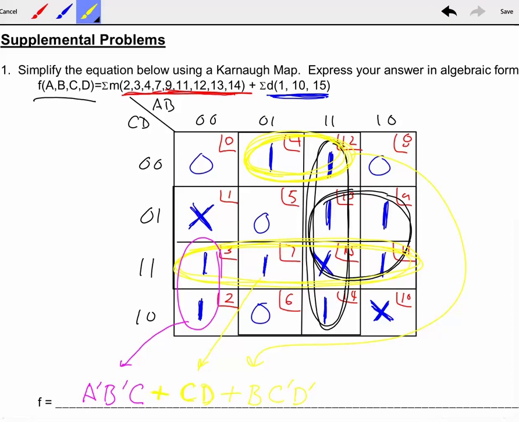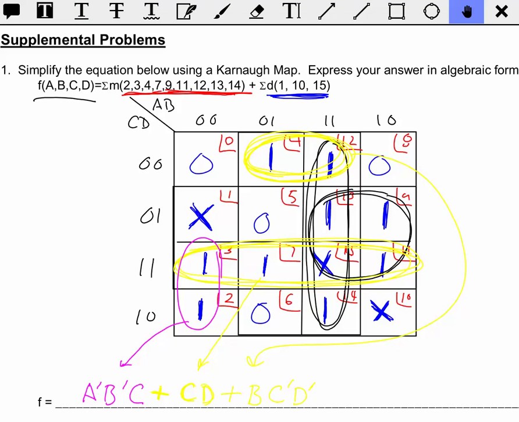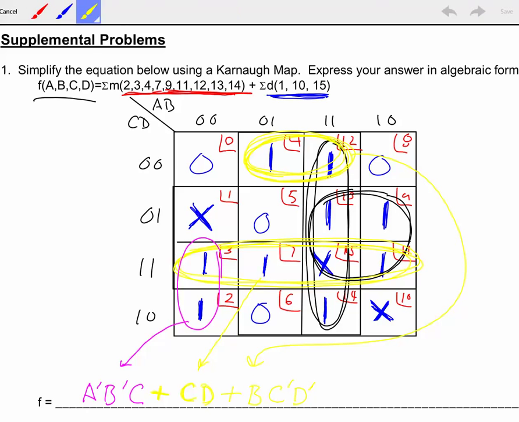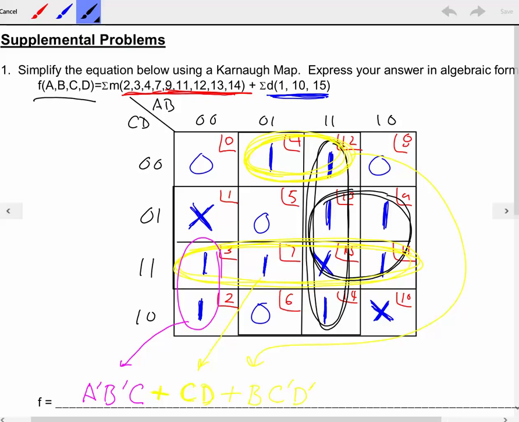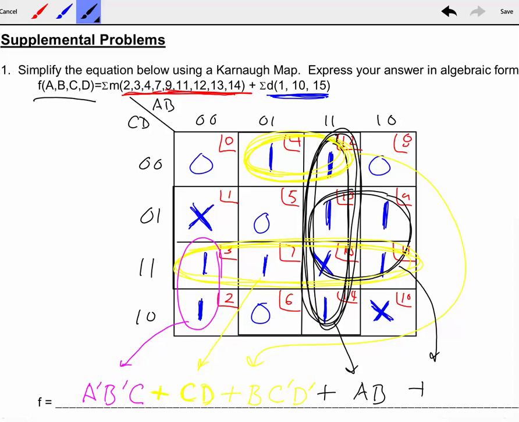All right, let's do one more, I guess. Well, it looks like we have two more. Go over here, change the ink color. So I have this one right here and that one right there. Now these are going to have two terms in it because I have a group of 4 in a 4x4, and you'll see that this one's going to be A and B because going through all 4 of those cells, A and B are the only ones that stay the same, and they stay in the 1.